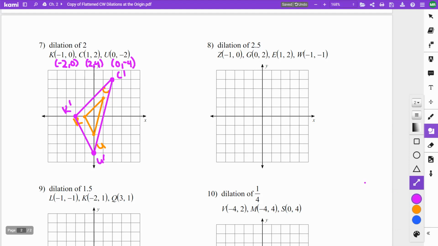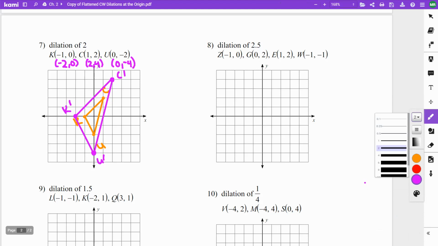On the next one, let me plot these points. I was going to do it in orange, sorry. -1, 0, 0, 2, whoops, went the wrong direction, 1, 2, negative 1, negative 1.